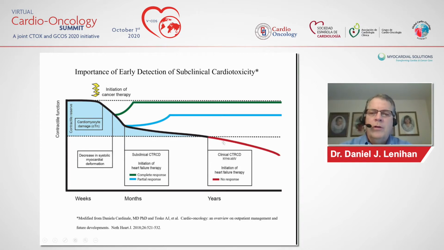And if you were to identify it at the point that there's significant systolic dysfunction, it's not as responsive to intervention. So the key is to detect the toxicity early and to institute cardioprotective medications in a place where the patient will respond best to that and hopefully normalize their cardiac function.